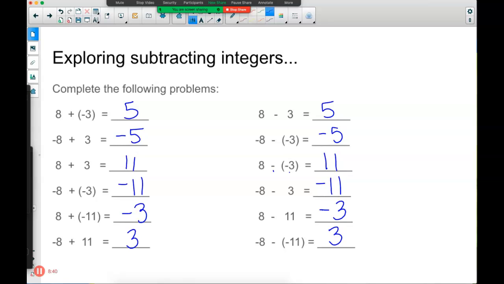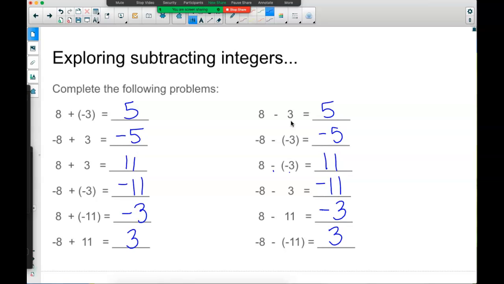Okay? Look at the second number. I have a -3. What do I have here? +3. Right? Over here, I had +3, -3. 3, -3. -3, +3. -11, +11. 11, -11. So they were always the opposite.